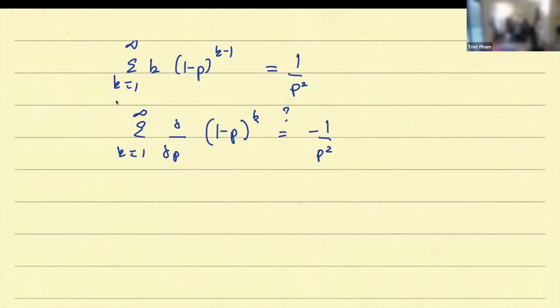Well, the next thing we're going to recognize is that this derivative is with respect to p, and the sum is over k, so the derivative is linear, so we can pull the derivative operator outside.